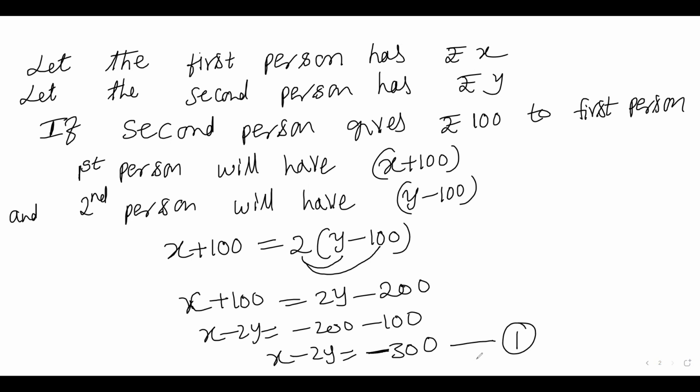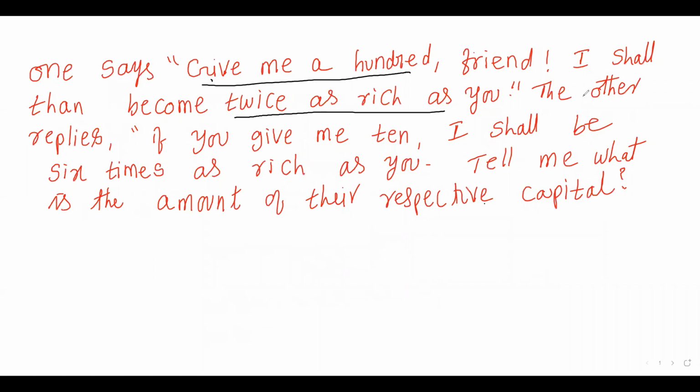Case 1 is done. Let's go to the second part of the question to get the second equation. So let's read the second part. The other means second person is saying, if you give me 10, who is giving 10? The first person is giving 10.